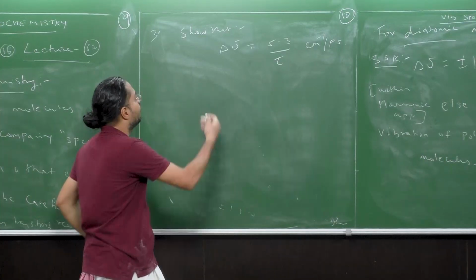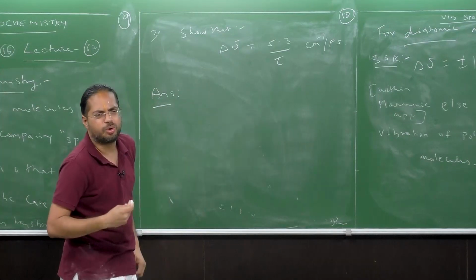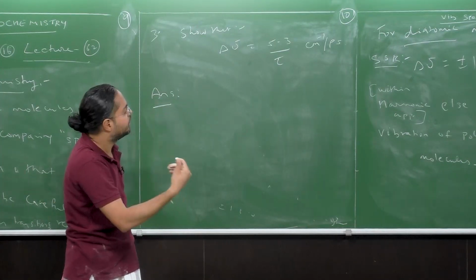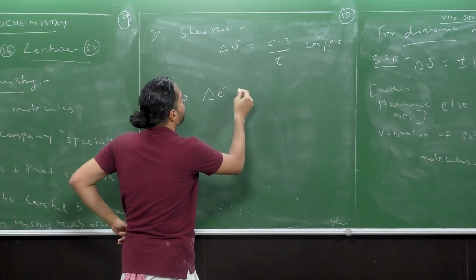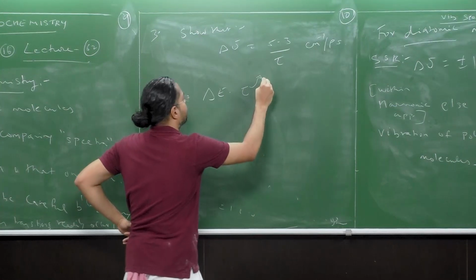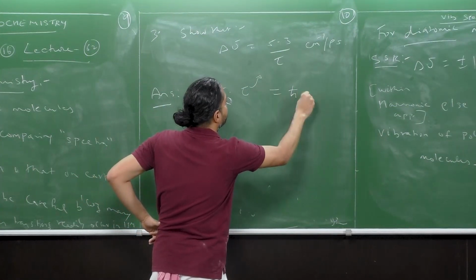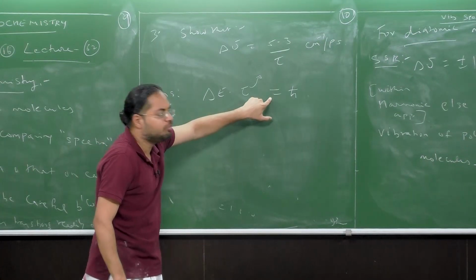Okay, right. So what is the starting point? The starting point is going to be our Heisenberg's uncertainty principle, right? Delta E times, let's say, tau, the lifetime of the complex, is equal to h bar. Now you may be wondering why I'm using here h bar and why I'm using the limiting case.